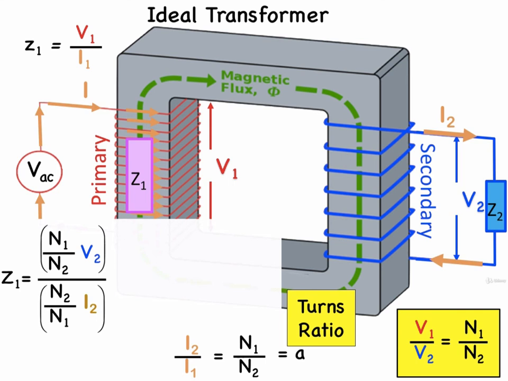Well, V2 all over I2 is just Z2, and N1 all over N2 over N1 is N1 over N2 squared. So Z1 is equal to Z2 multiplied by the square of the turns ratio, which is the same as A squared times Z2.